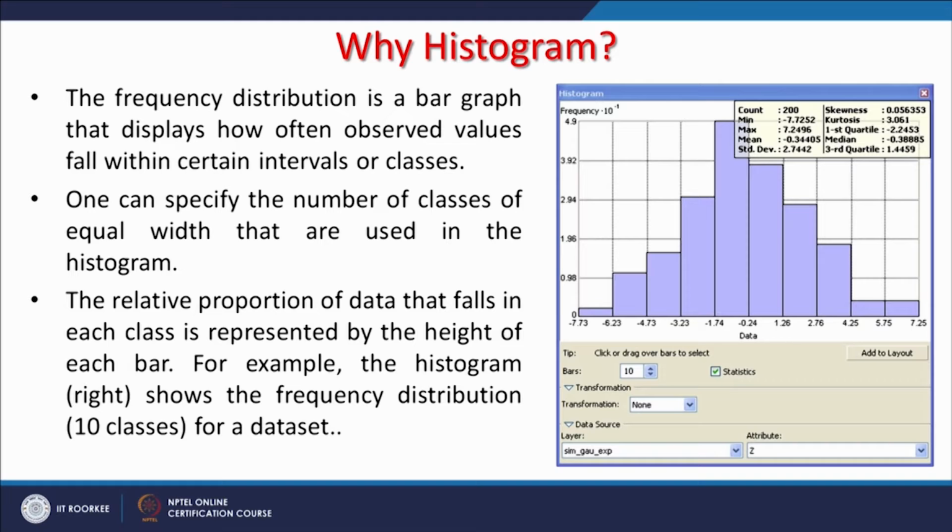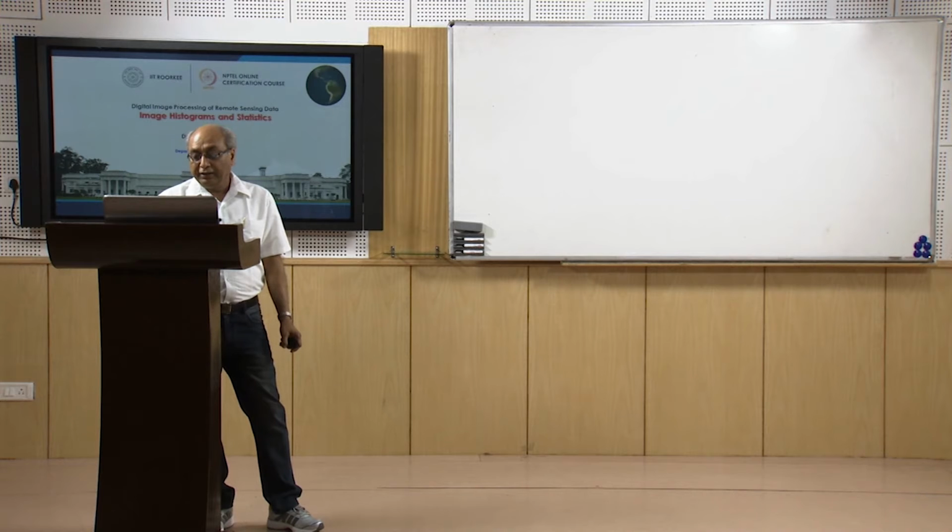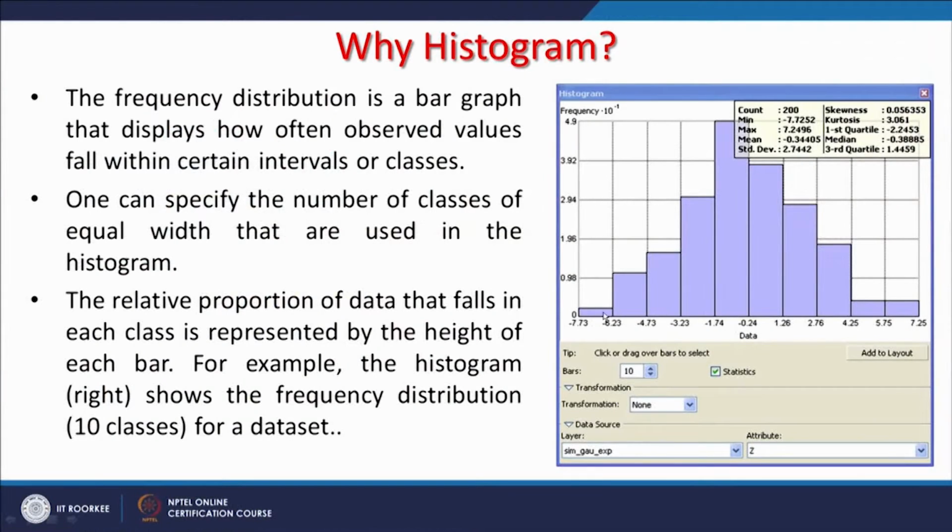A frequency distribution is a graph that displays how often observed values fall within certain intervals or classes, and one can specify the number of classes. That means how many bars you want to have, how many groups you want to have, and what the width of these groups should be.